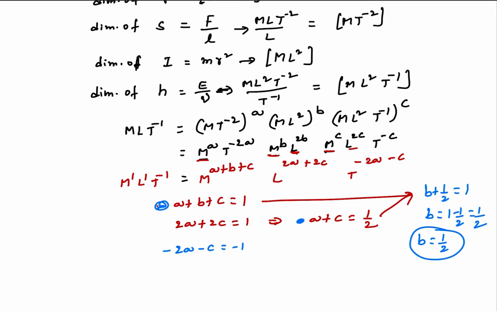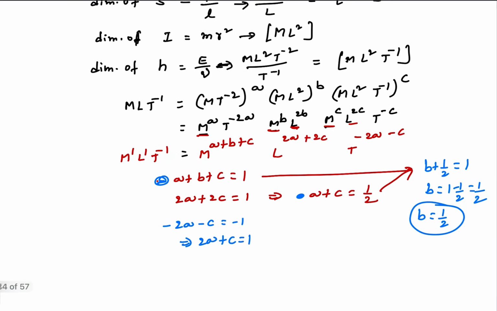If I get that value as 1 by 2, the third equation I will also write: minus 2A minus C is equal to minus 1. So from this we can write 2A plus C is equal to 1. Again, B plus C is equal to 1 by 2. Let us consider this the second equation and this the third equation.